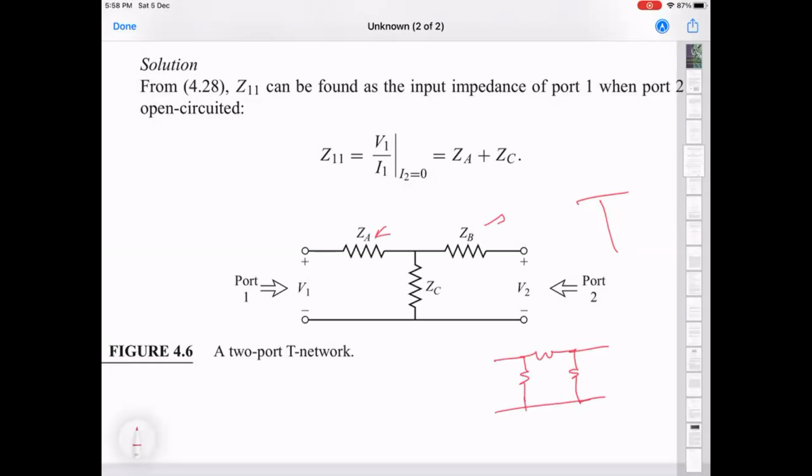This is a minimalistic model for defining any two-port network. Any two-port network with any properties can be defined by just these three elements, with Z, of course, in general being complex and even a function of omega. That's how you will get it.